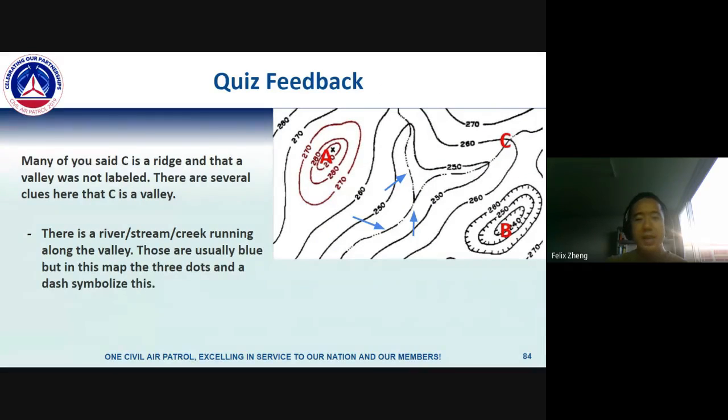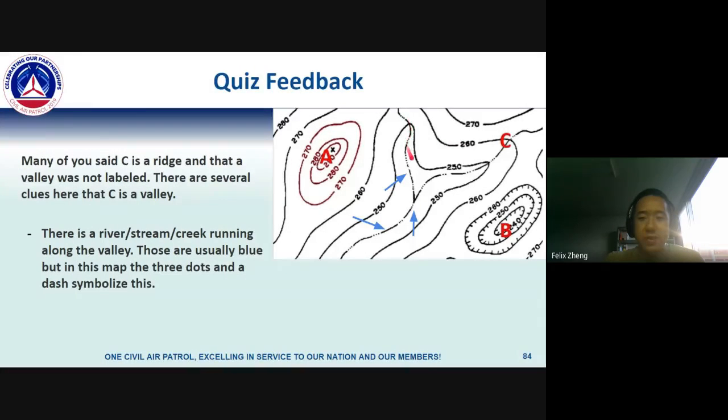And here's another hint that it was a valley. In this map, unfortunately, it's black and white, and I guess there's brown in there too. But usually a valley will have a stream in it, or actually vice versa. Anytime you see a stream or a creek or some sort of water, it will lie in a valley.